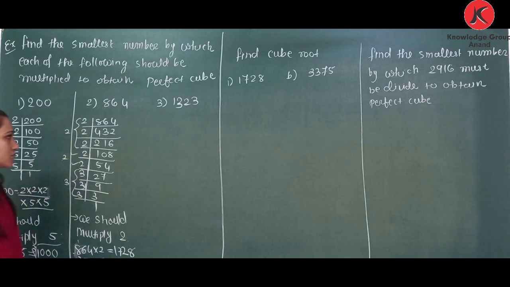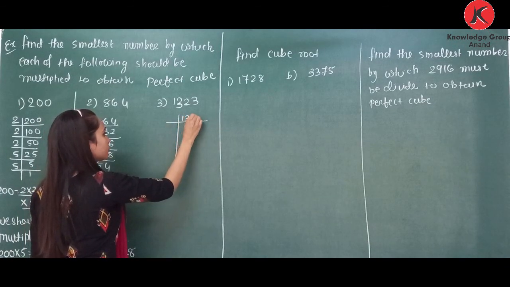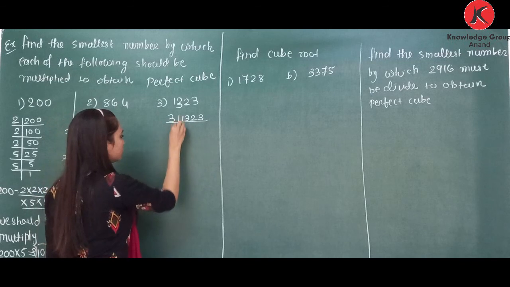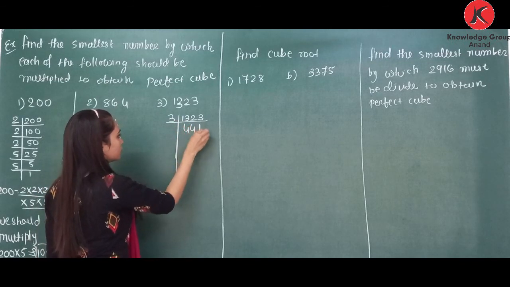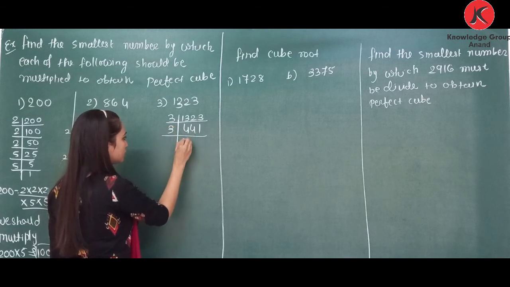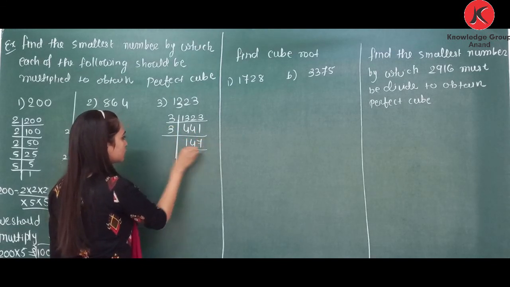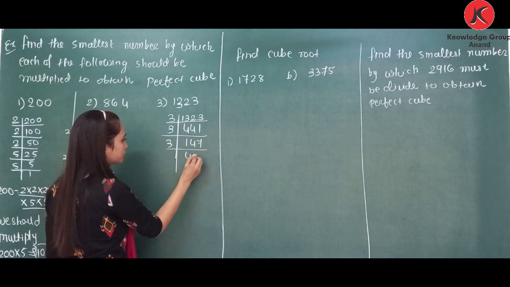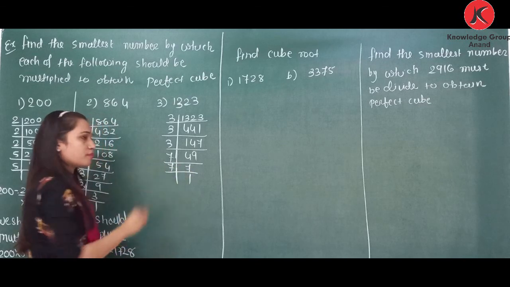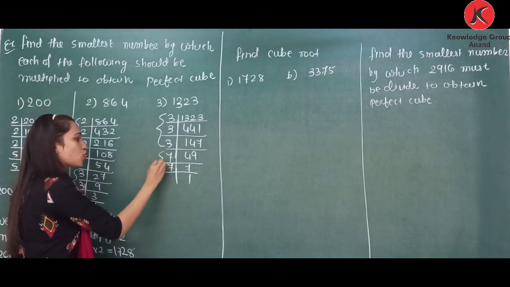Next one, 1323. So let's find the factors. Start with 3. Now it is 3, 3, 7. So which number should we multiply by? 3 is in a group, but 7 is not in a group of 3.